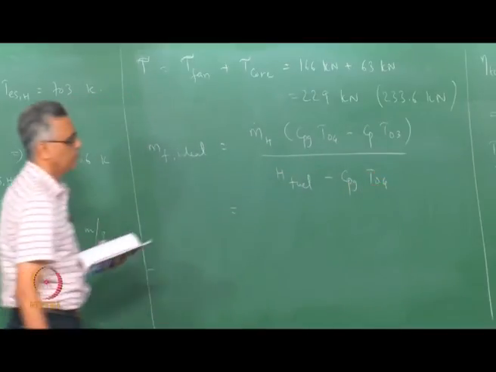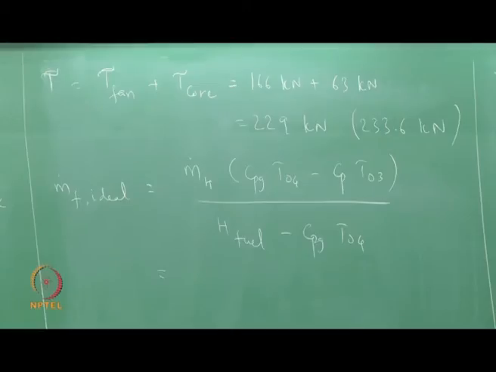So please substitute the numbers and tell me what you get for this. 45,000 kilojoule per kilogram, that is the enthalpy of the fuel.